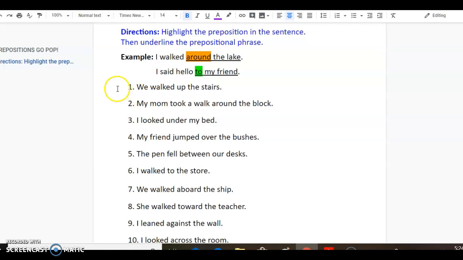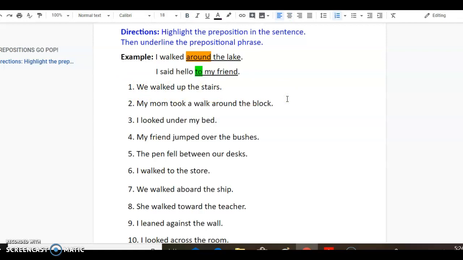Does that make sense? So when I read number 1, we walked up the stairs. You're going to hit pause if you want me to then read the next one to you after you've completed the first.